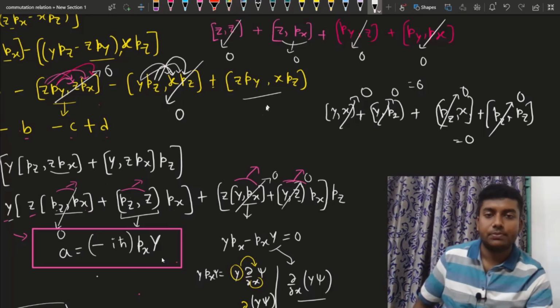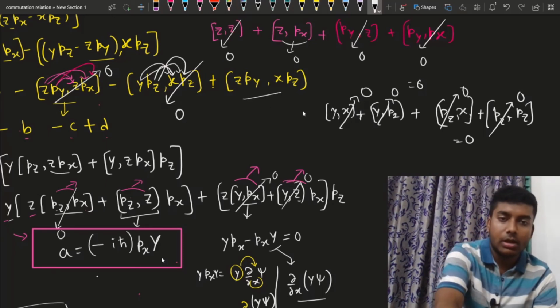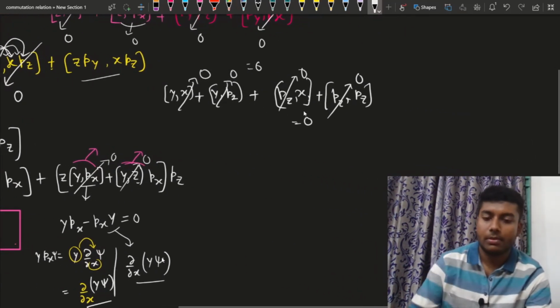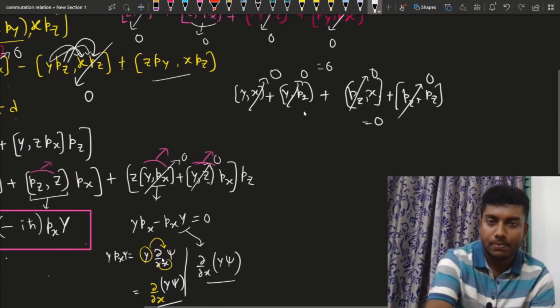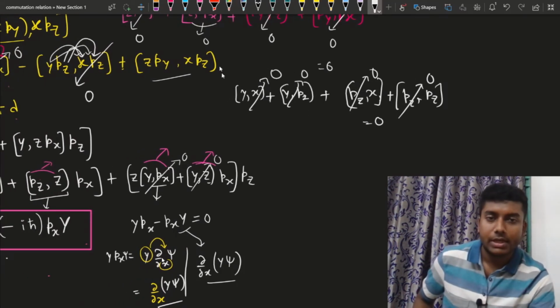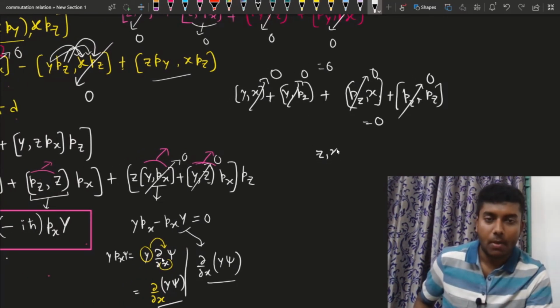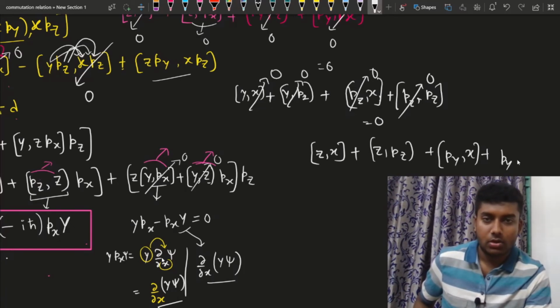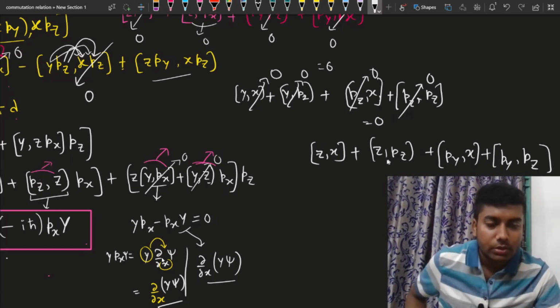Now come to this term z. So what will that be? Z comma x, the commutation of this, plus z comma pz, plus py comma x, and py comma p. So all the terms will be 0.